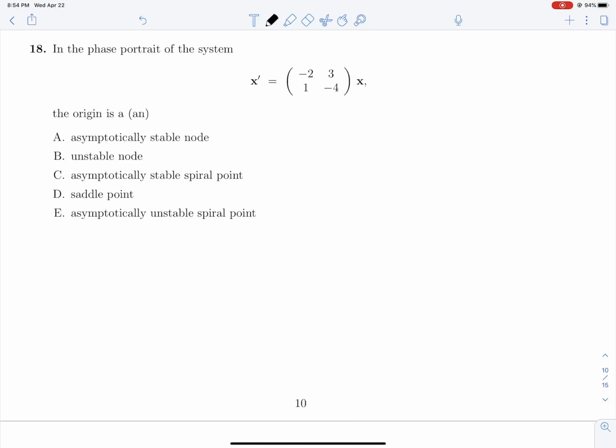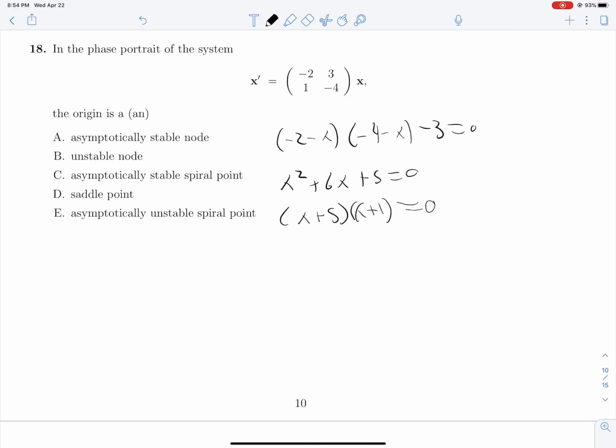The phase portrait of this system is what? That's all based on the type and sign of the eigenvalues of this matrix A here. So let's find those. Let's solve (-2 minus lambda) times (-4 minus lambda) minus 3 is equal to 0. Lambda squared plus 6 lambda plus 8 minus 3 is plus 5, so (lambda plus 5)(lambda plus 1) is equal to 0.